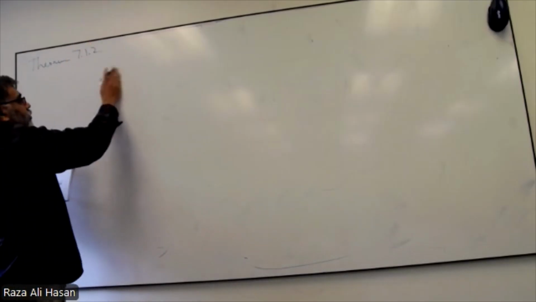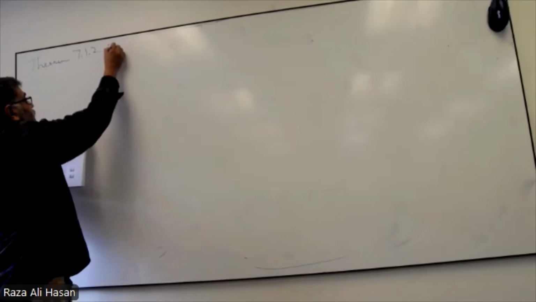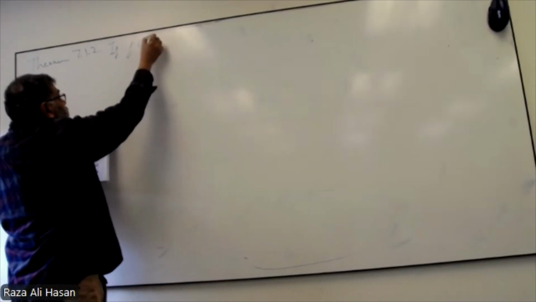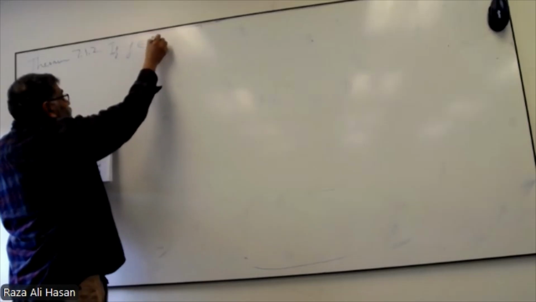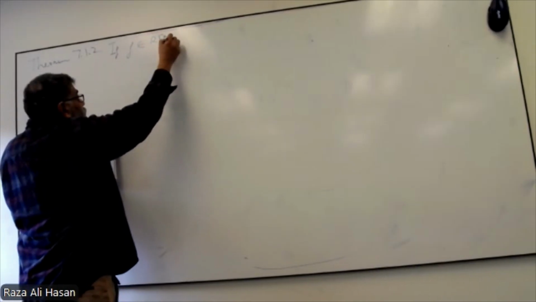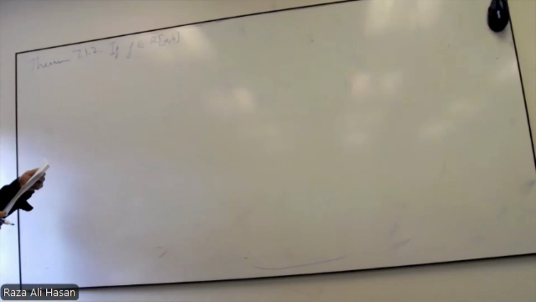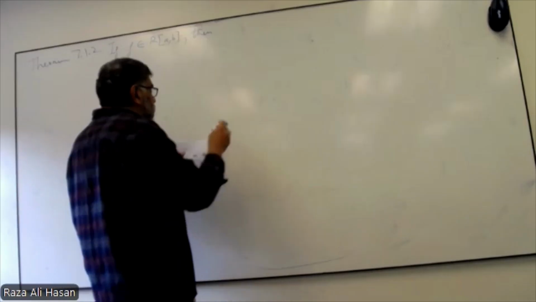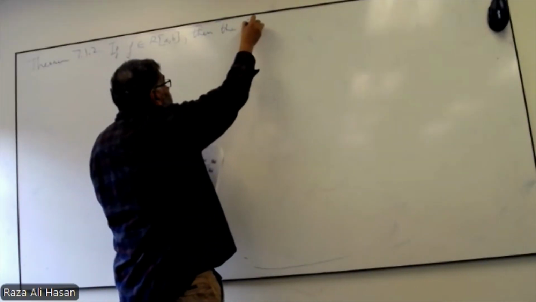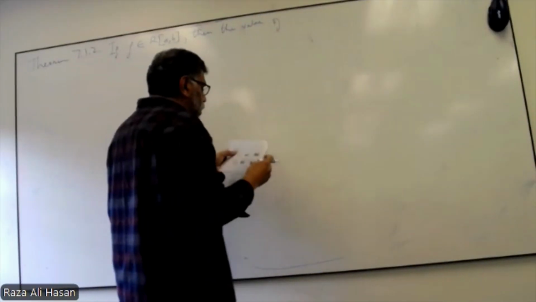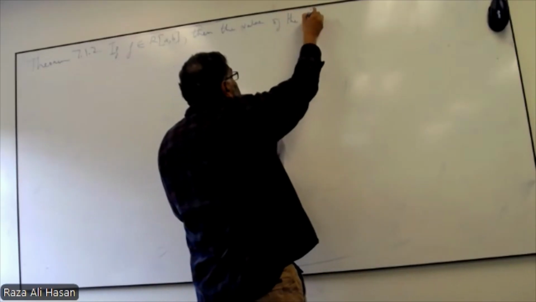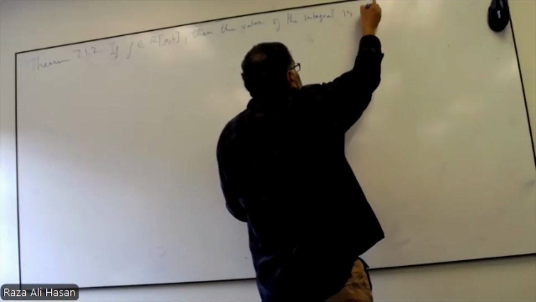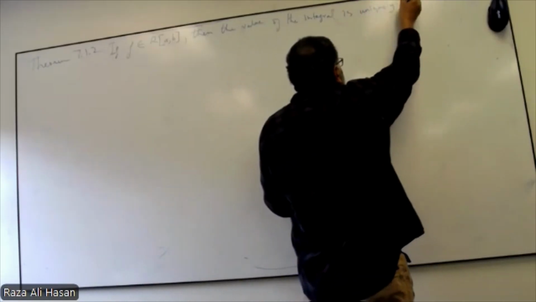So here's the statement of the theorem, and it says that if a function belongs to this set called R, comma, this closed interval AB, then the value of the integral is uniquely determined.